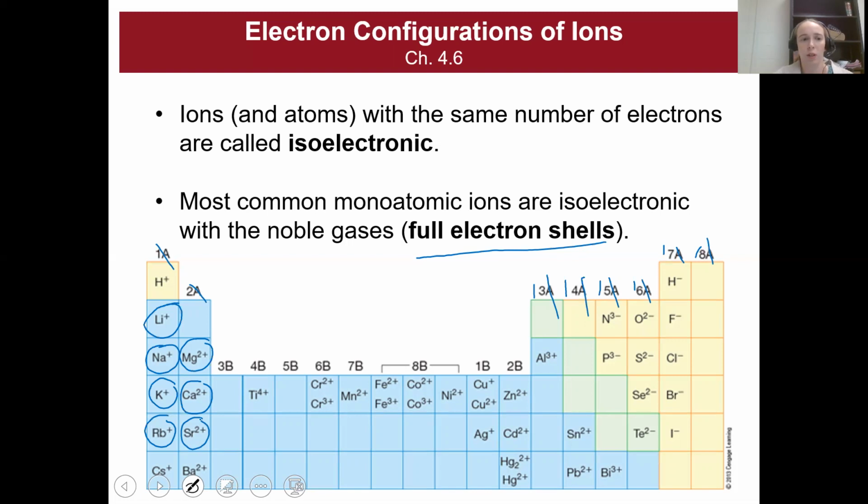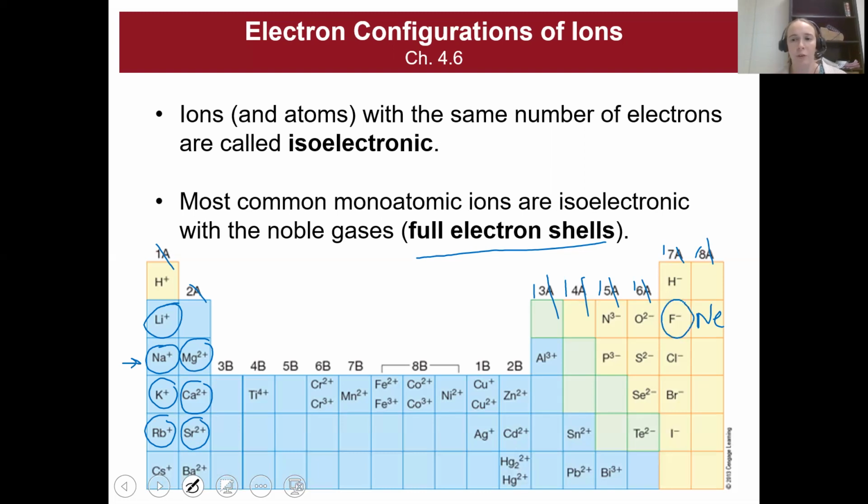And if we take away 1 electron from sodium, for example, then we're going to have the same number of electrons as neon. So sodium ion is isoelectronic with neon, a noble gas, and that's why it commonly forms this +1 ion. Same thing goes with our anions over here. Remember, cations are positive ions, anions are negative ions.